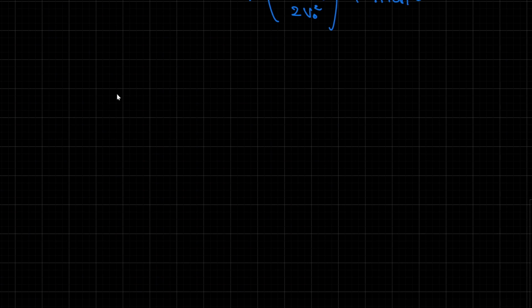That's why we will use a feature of quadratic equations, which is delta equals b squared minus 4ac, and this equals 0.